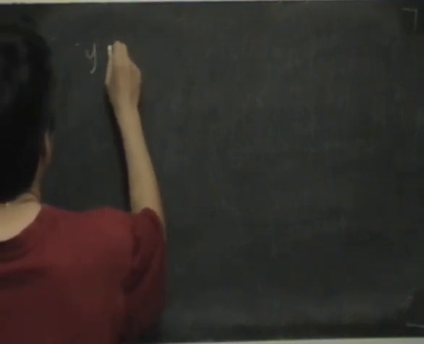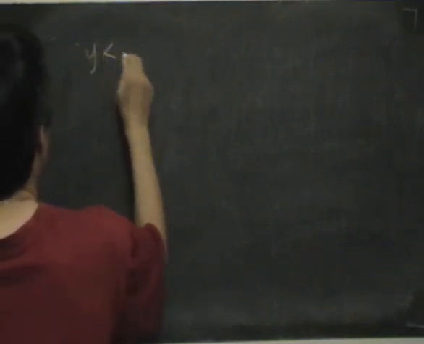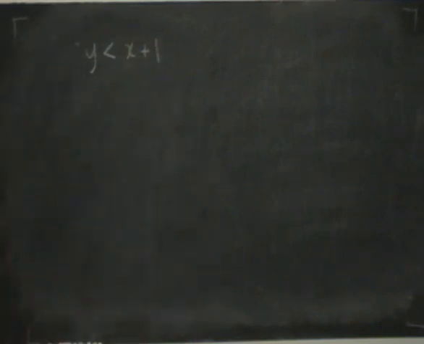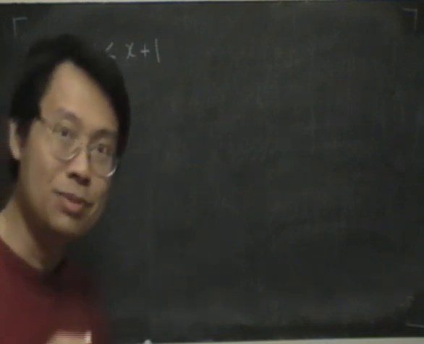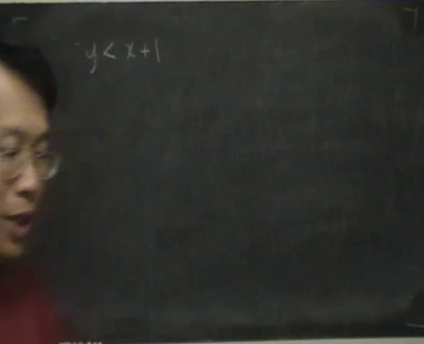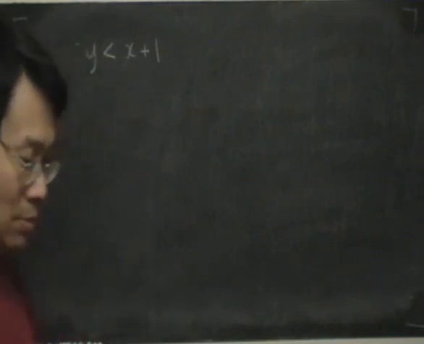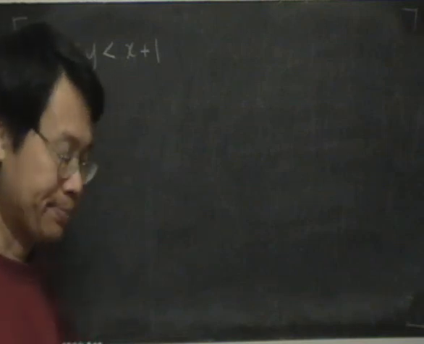Suppose we have this. y is less than x plus 1. Now that is more complicated. We have two symbols, x and y. What does that mean?